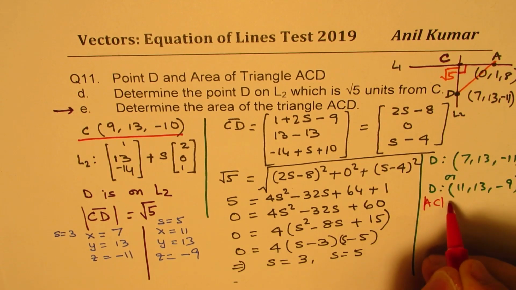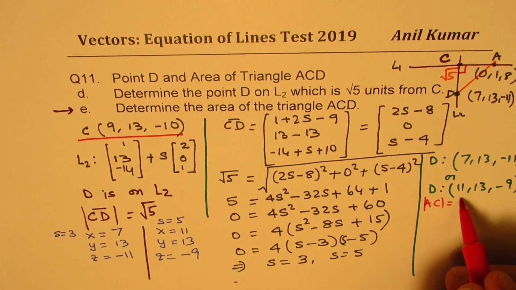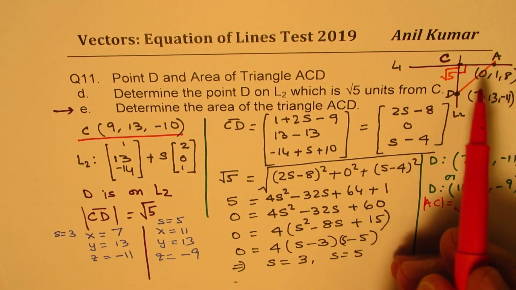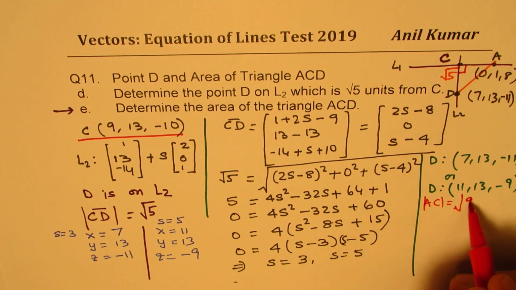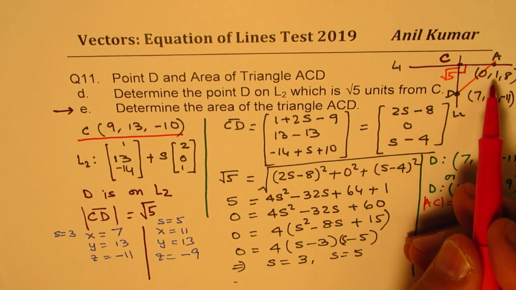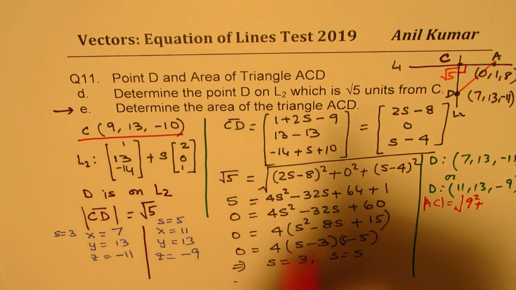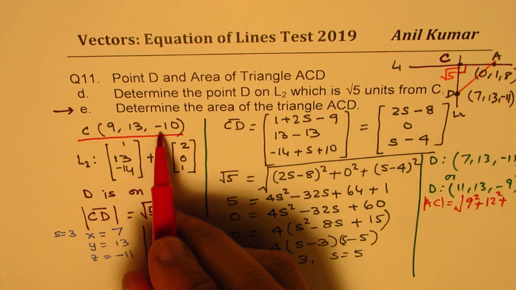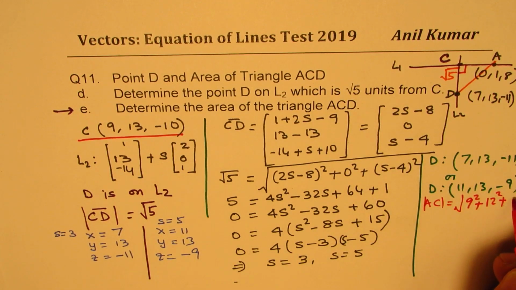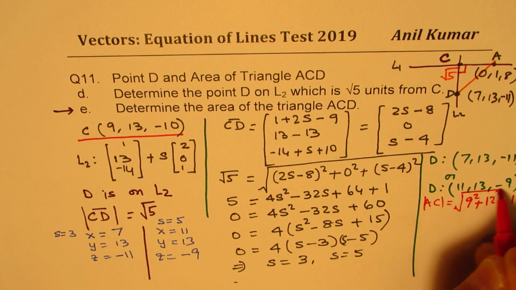The magnitude of AC will be square root of, C is 9, 9 minus 0 is 9 square, plus 1 minus 13, which is 12 square, plus 8 minus 10, which is 18, so 18 square, correct.